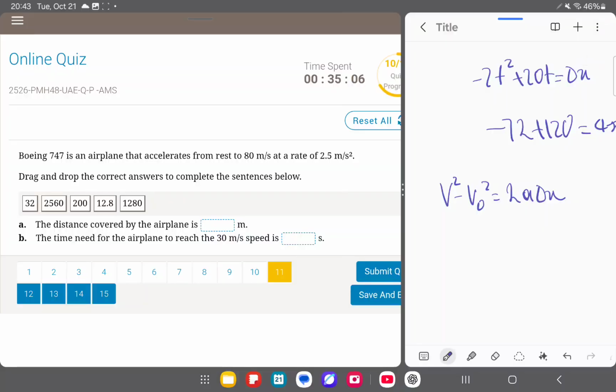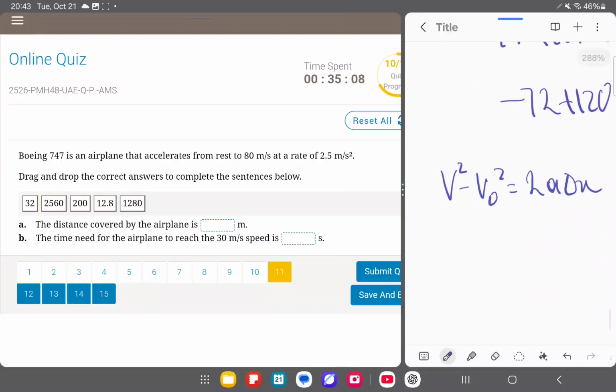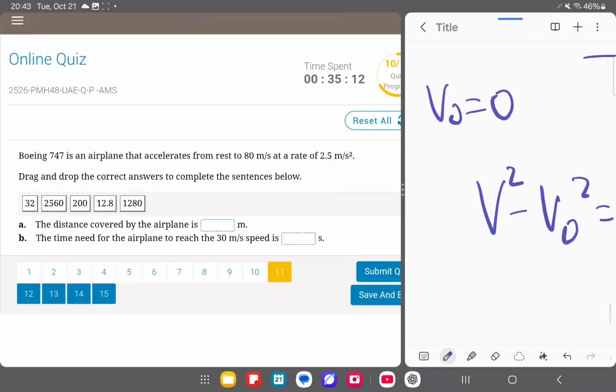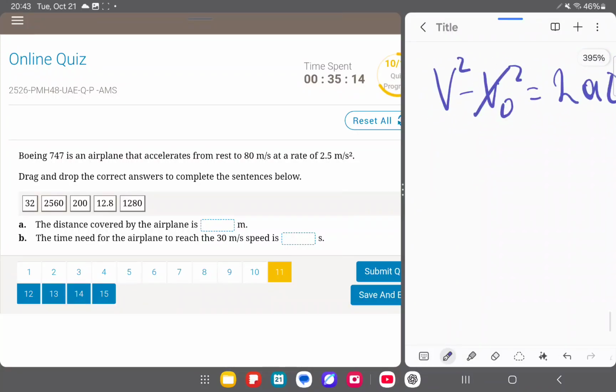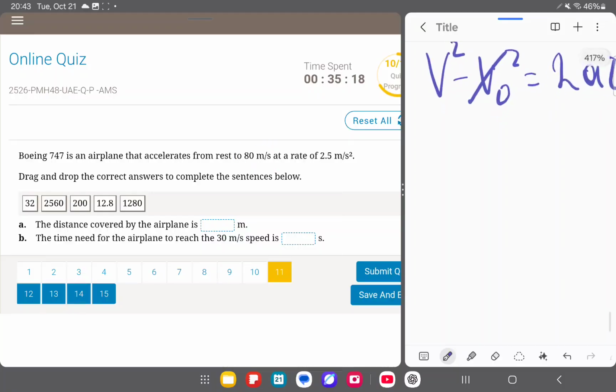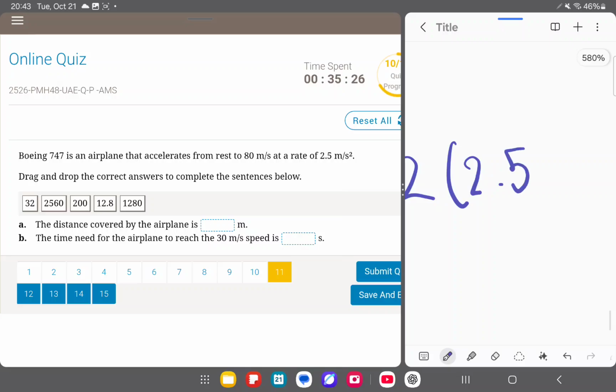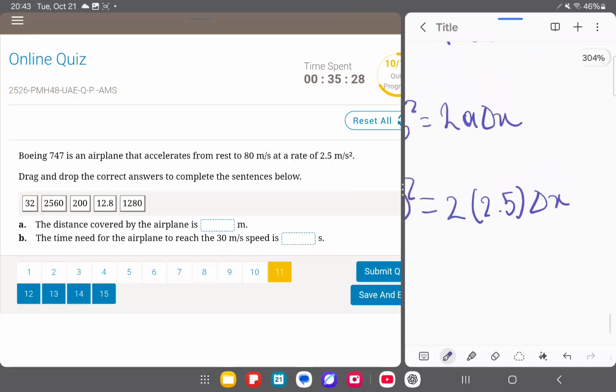Now we have V0, right, which is rest. When it's from rest, that means V0 is equal to 0, so we can cancel this. We only have V squared here. V is 80, so 80 squared is equal to 2, and they gave us a here, which is 2.5, multiplied by delta x.